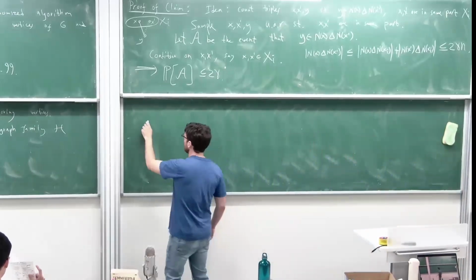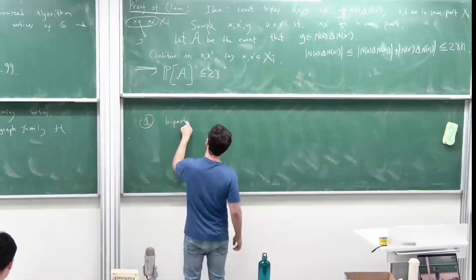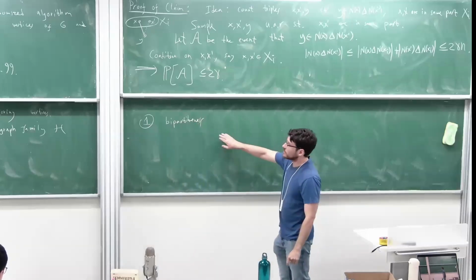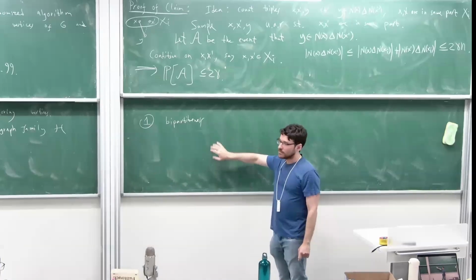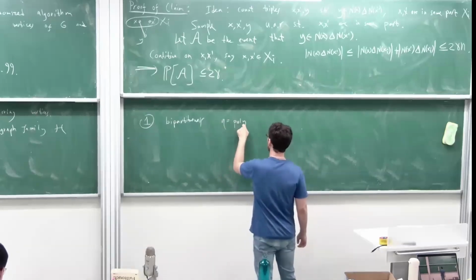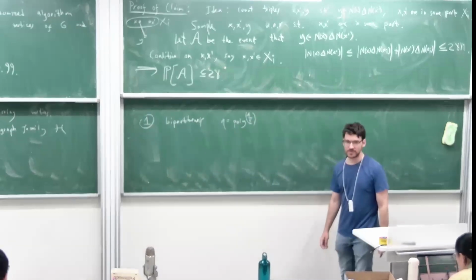So I'll talk about testing bipartiteness. Of course, bipartiteness is hereditary, but we will do it with a polynomial number of queries, samples. So we will show that we can do it with a polynomial number of samples.